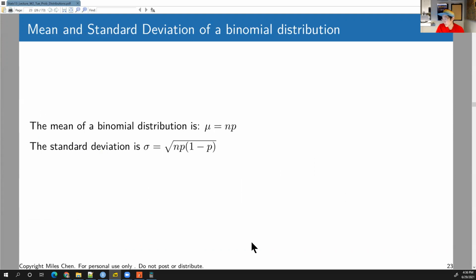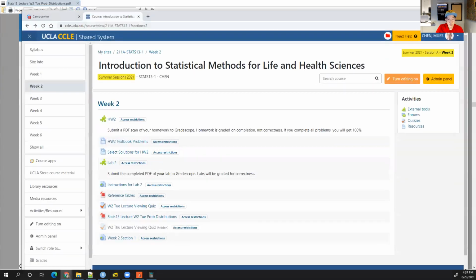And for the mean and standard deviation of a binomial distribution, you could go through and make the entire table and go through the entire process that we did last week, where you say the mean, or the expected value, is the sum of x times the probability that X equals x, and so on and so forth, and do that for every single thing. But there's just a convenient shortcut.